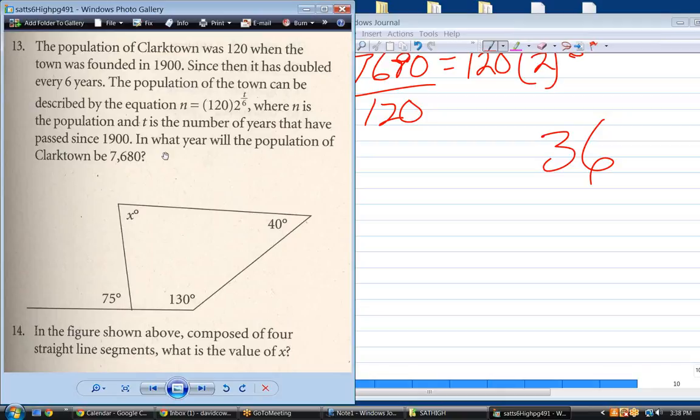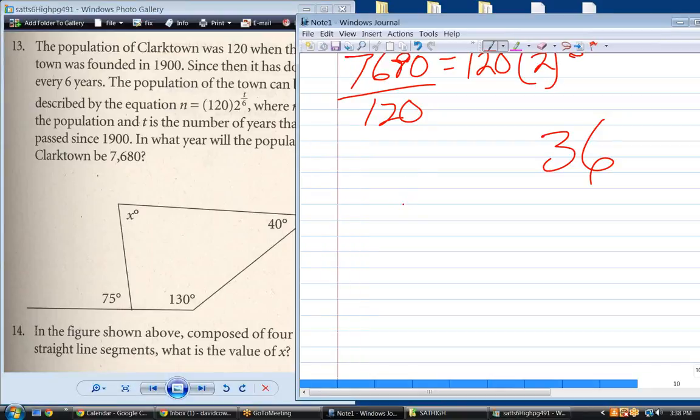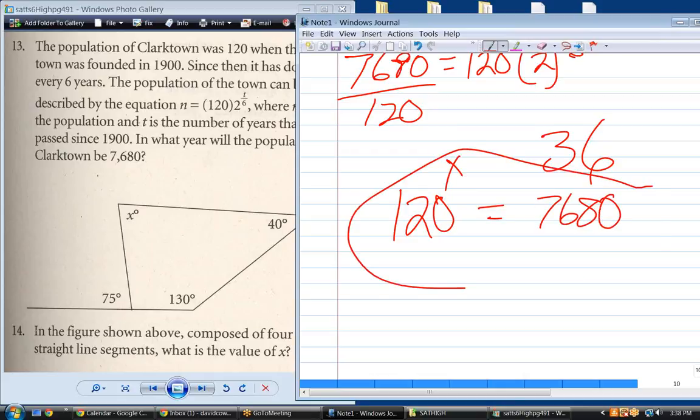You could almost do a little trial and error on this. Like 120 doubles every 6 years. So 120 to the x has to equal 7680. I guess that's the same problem.